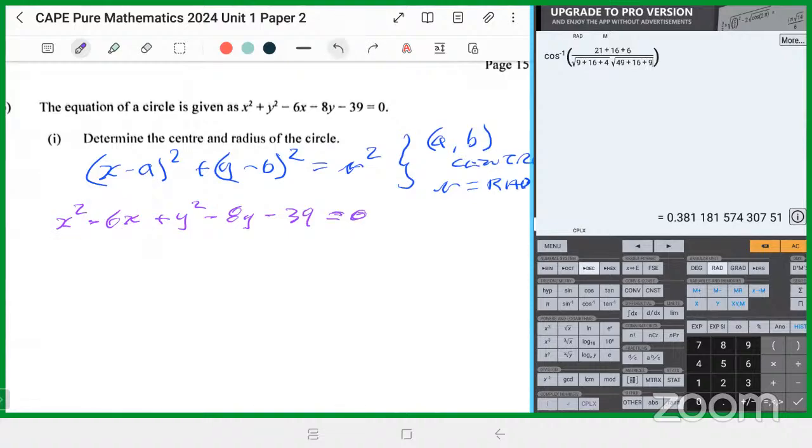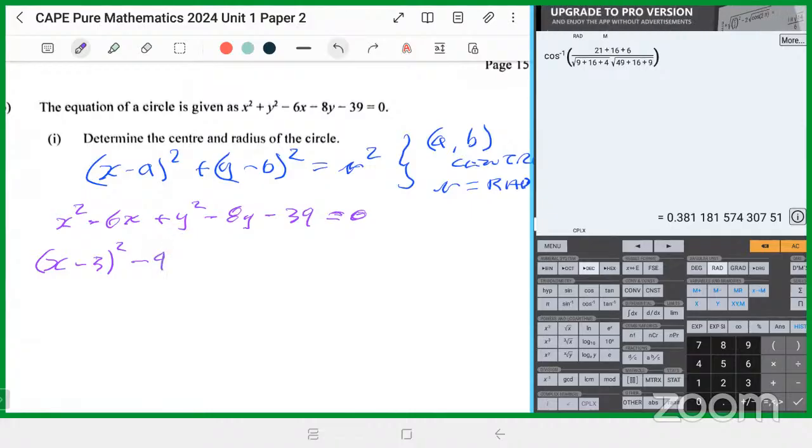To complete the square of these two, I'm going to have x minus half of this, which is 3, squared, and subtract the square of this value. So subtract 9. That's how I compute the square.